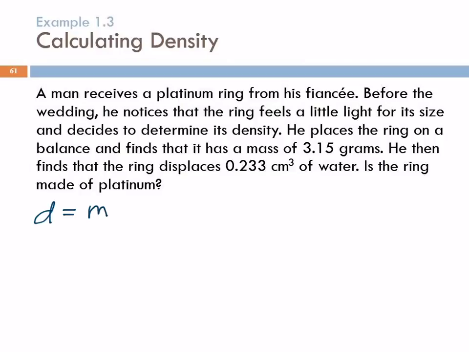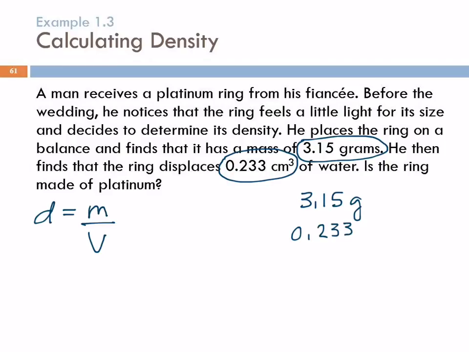Density is mass divided by volume. We need a mass, we need a volume. We're going to look through this problem and find the numbers and identify them. Here's a number, and here's a number. Don't drop the units off. The unit is part of the number. So we've got 3.15 grams, and we've got 0.233 cubic centimeters.